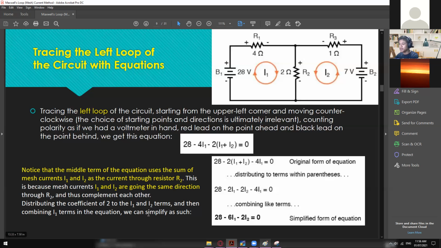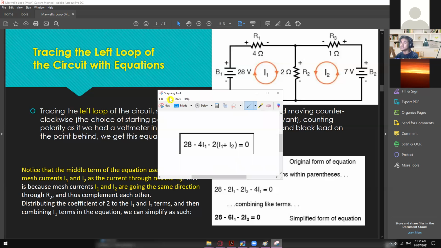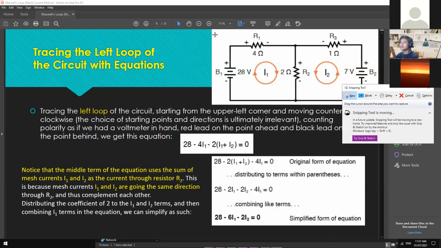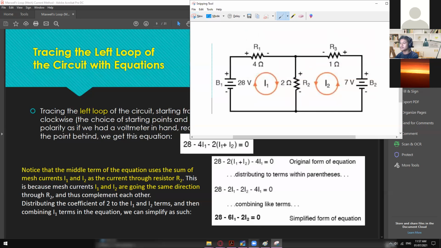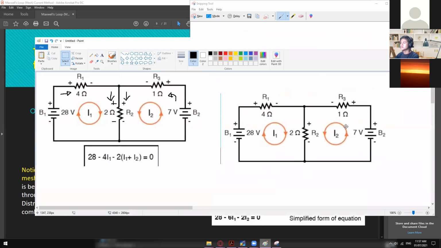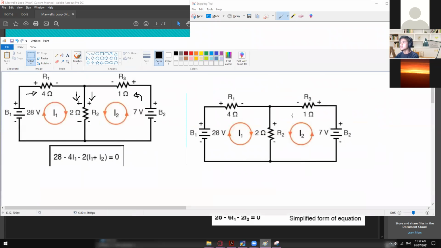No, because if we have 3 meshes, the setup will be, just for example, like this already. Let's say this is a resistor now, and then this is a voltage source, positive, negative, and then like this. So let's say this is now your loop number 3.